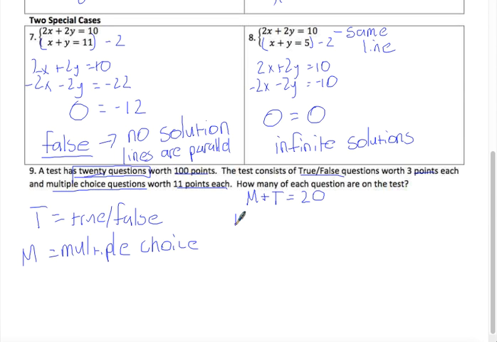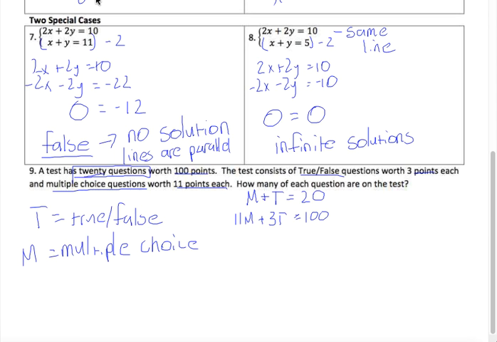So 11 times the number of multiple choice questions plus 3 times the number of true-false has to equal 100. And now we have a system of equations that we can solve. Substitution or elimination will work equally well here. I'm a big fan of elimination though.